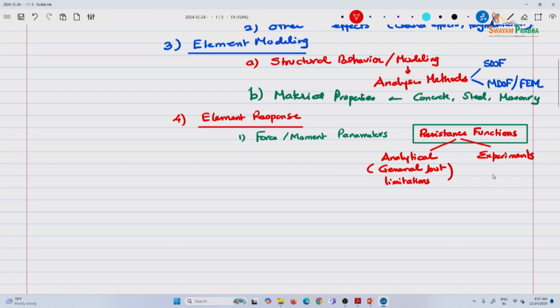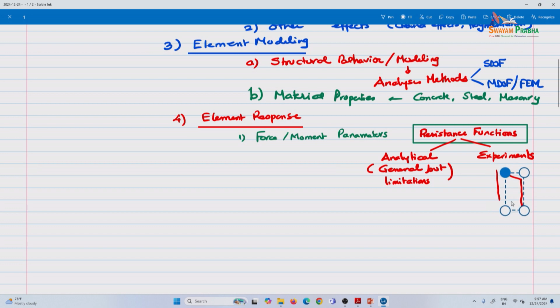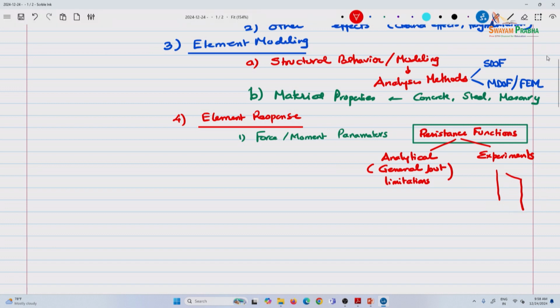So you take, for example, a slab, and let's say you're constraining it here, and you're applying a load, and you know the pressure versus time on the load, and then you get P or F, the force versus time, and then you'll get a function something like this, a response like that.